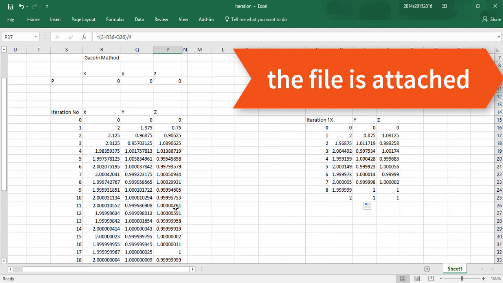So we have two differences between the Jacobi method and Gauss-Seidel iteration. The first one is the speed of getting the exact value.